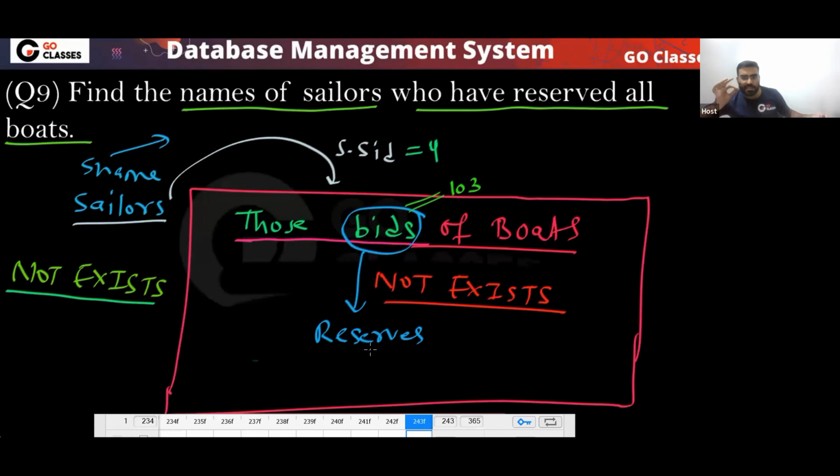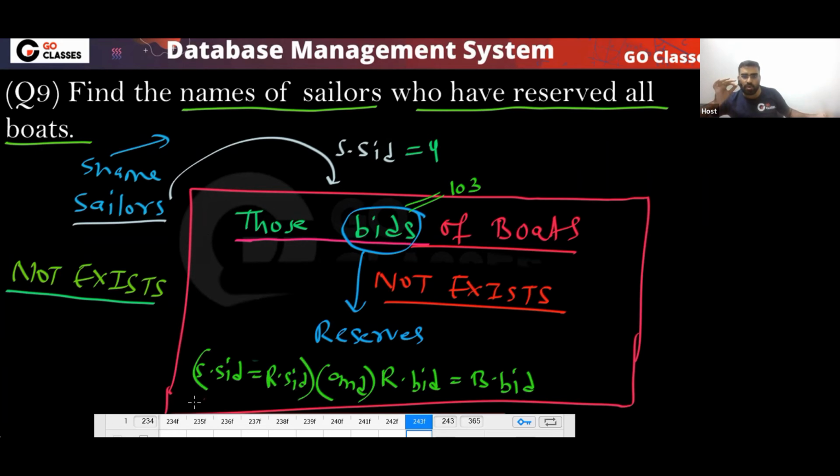I am checking that there should not exist a row where r.bid is equal to this b.bid, and r.sid is this SID. Isn't it interesting? So I am checking the non-existence of this row.